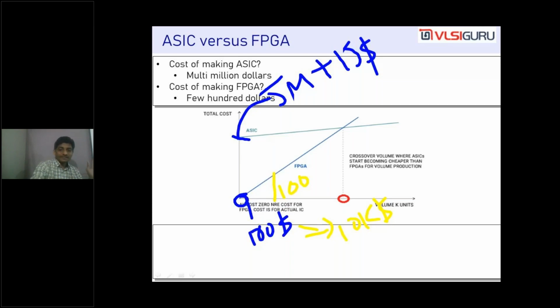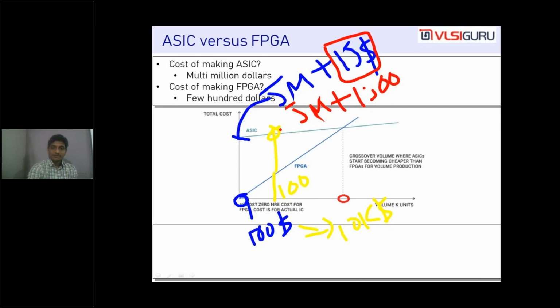What about ASIC at this point? For each chip it will cost you $15. To make 100 chips, how much does it cost? $1,500. So it is 5 million plus $1,500.